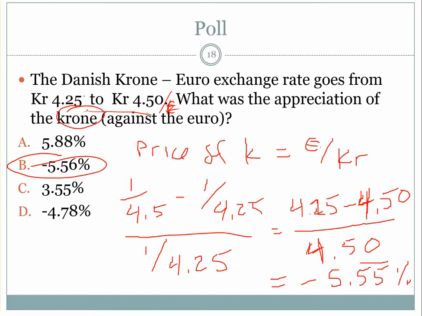Well, we said the euro is up, so the crown must be down. So it can't be one of these solutions. How much is it down? Well, I can flip my exchange rates, or I can just say, well, I'm just going to take old minus new over new. That's going to tell me what happened to the numerator currency, and it's down 5.56%.